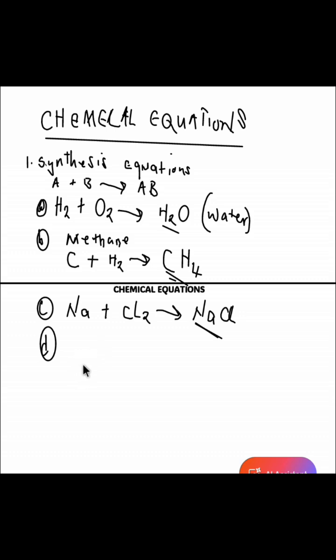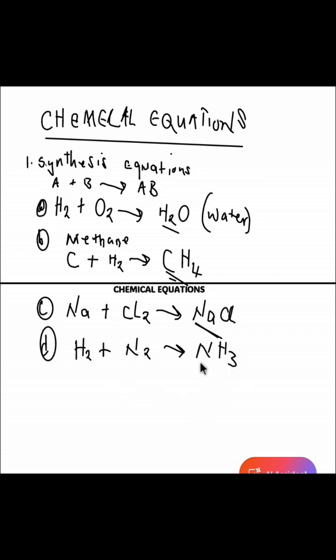Then another example that we are going to look at, the easiest one that we can have, is hydrogen reacting with nitrogen. Remember, all these are diatomic molecules, so hydrogen is reacting with nitrogen gas.